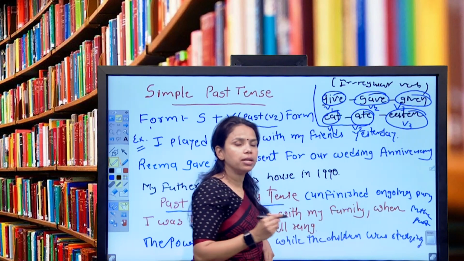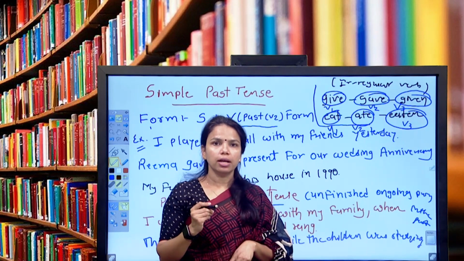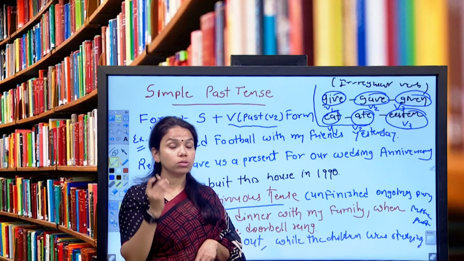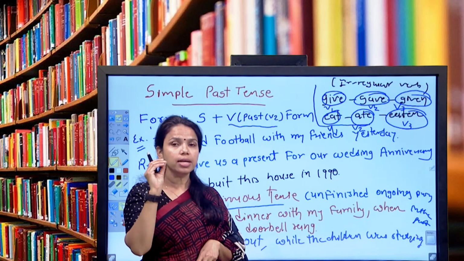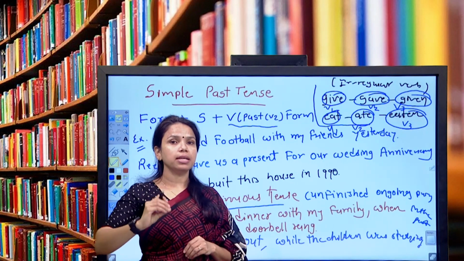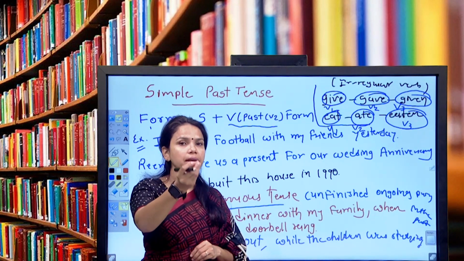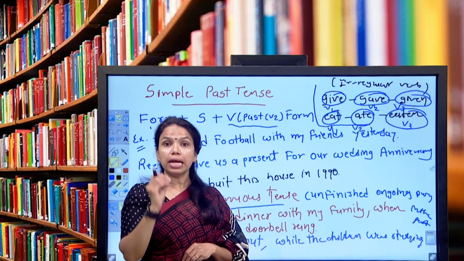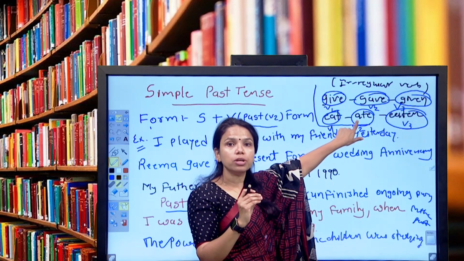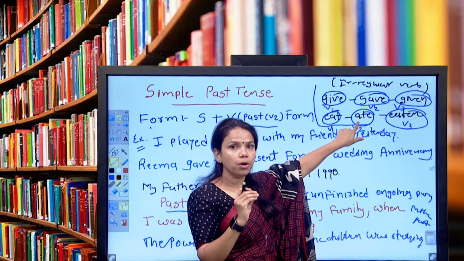If I say, for example, I eat an apple, right. If I say I ate an apple yesterday, ate, A-T-E, it means V2 form. So, it is a past tense form, V2 form.